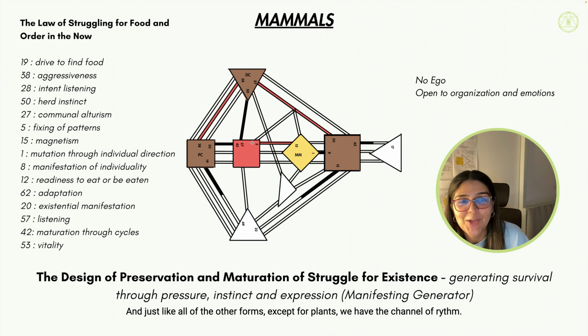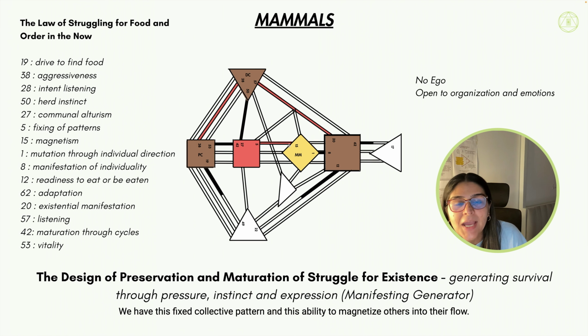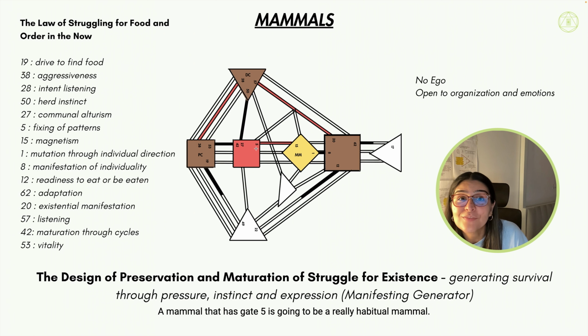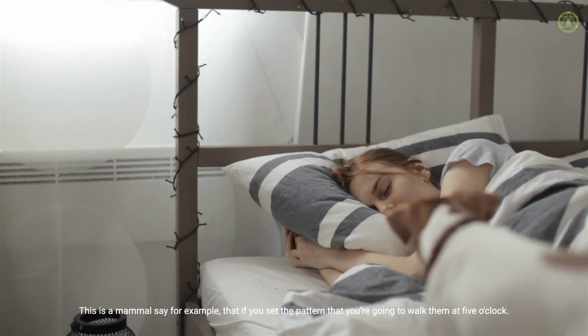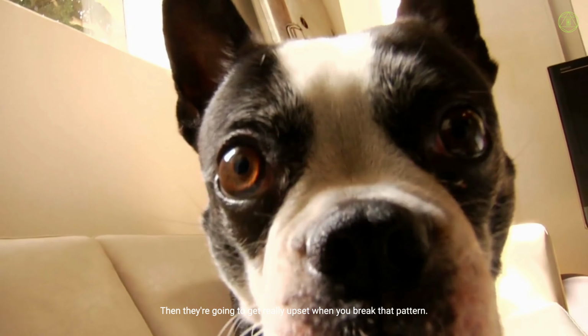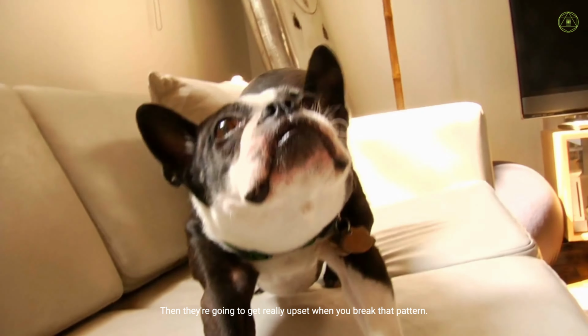And then, just like all of the other forms, except for plants, we have the channel of rhythm, this fixed collective pattern, and this ability to magnetize others into their flow. A mammal that has gate 5 is going to be a really habitual mammal. Say, for example, that if you set the pattern that you're going to walk them at 5 o'clock, then they're going to get really upset when you break that pattern.